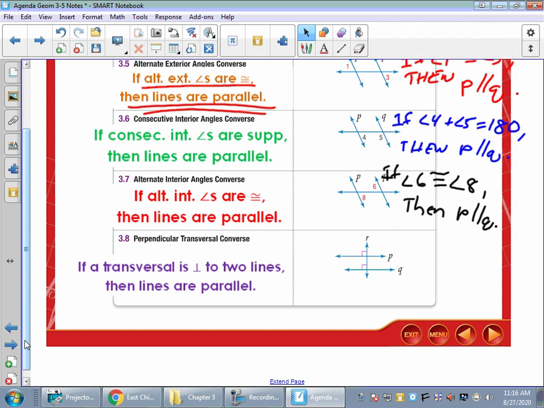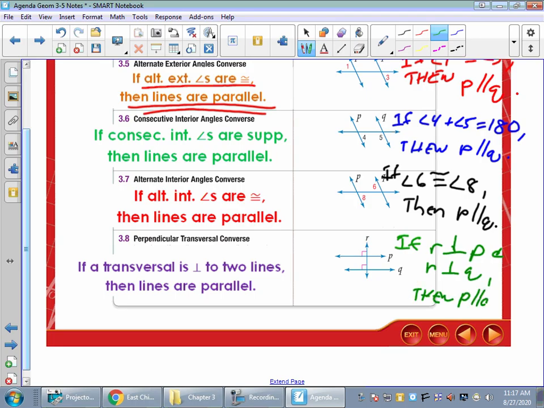We would say, well, if R is perpendicular to P and R is perpendicular to Q, then P must be parallel to Q.